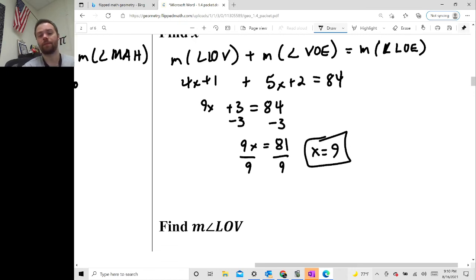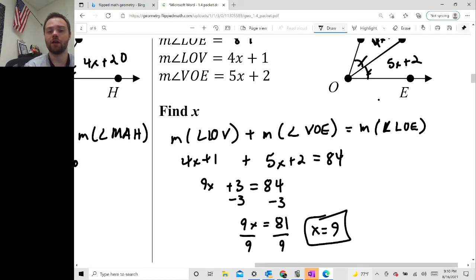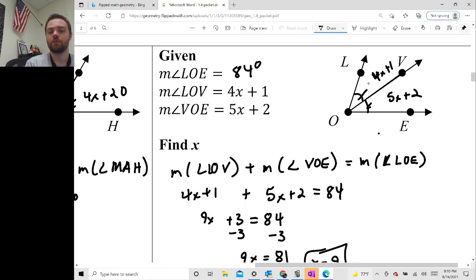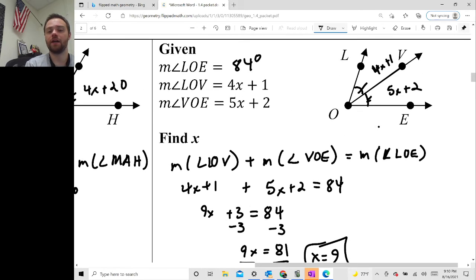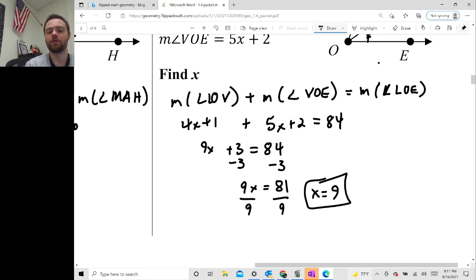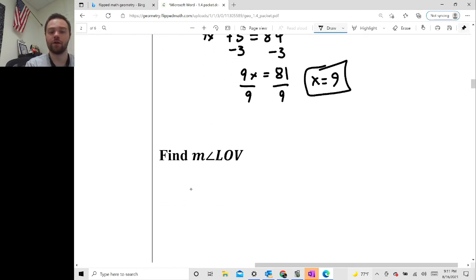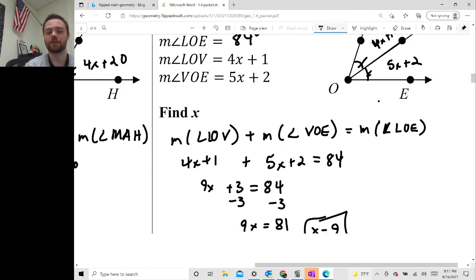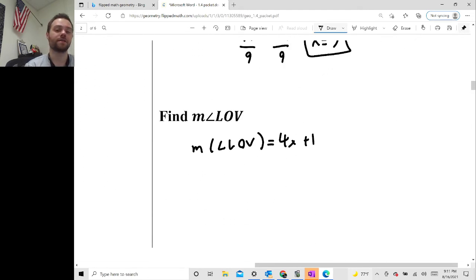And we're good. Measure of angle LOV. So since I have x equals 9 and I'm trying to solve for this angle measure here, what I'm going to do is down here, I know that the measure of angle LOV equals 4x plus 1. Let me just double check that. Yes. So since I have that x is 9 now, I can actually start to substitute that in.